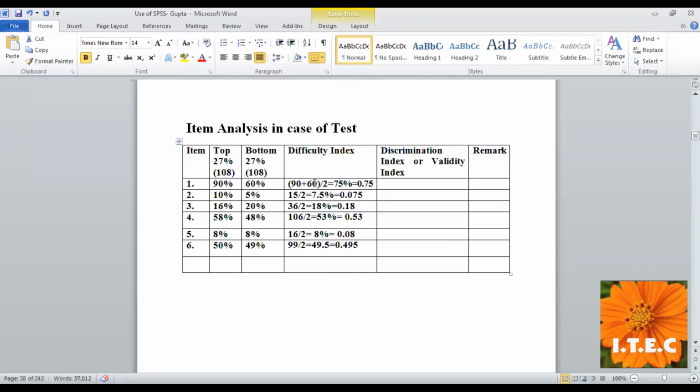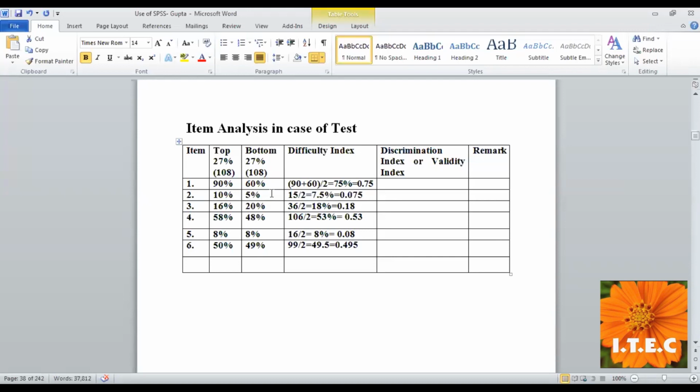And 90 plus 60 divided by 2 makes it 75%. So either you can call it 75% or you can call it 0.75.